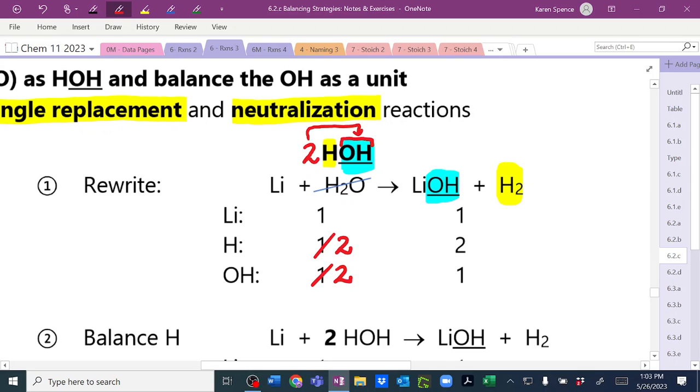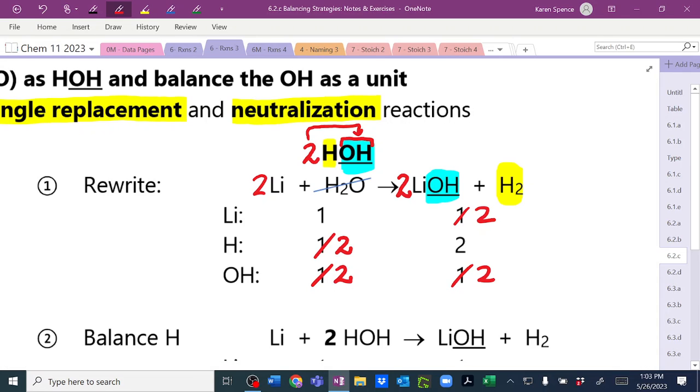So now I need 2 hydroxides on the right. Just put a 2 in front of the lithium hydroxide. That gives us 2 of those. That will also give us 2 lithiums. And now I have a lone element lithium that I can just throw a 2 in front of, and we're all done.